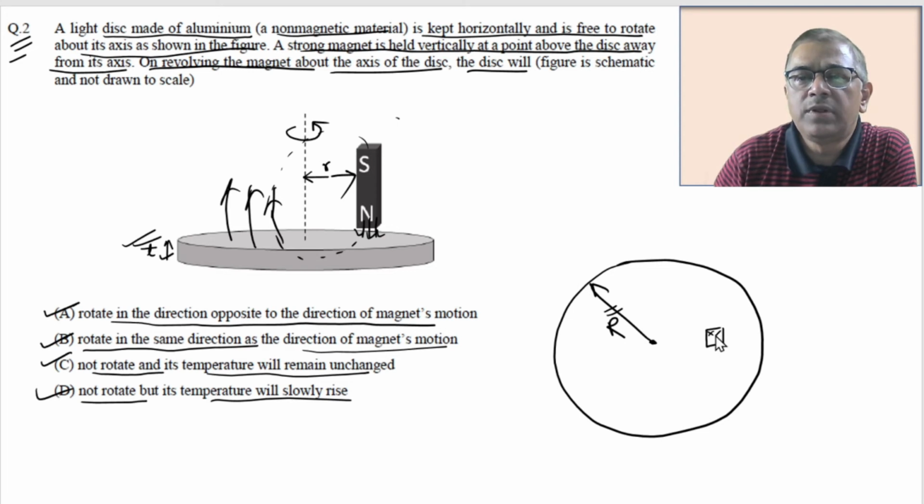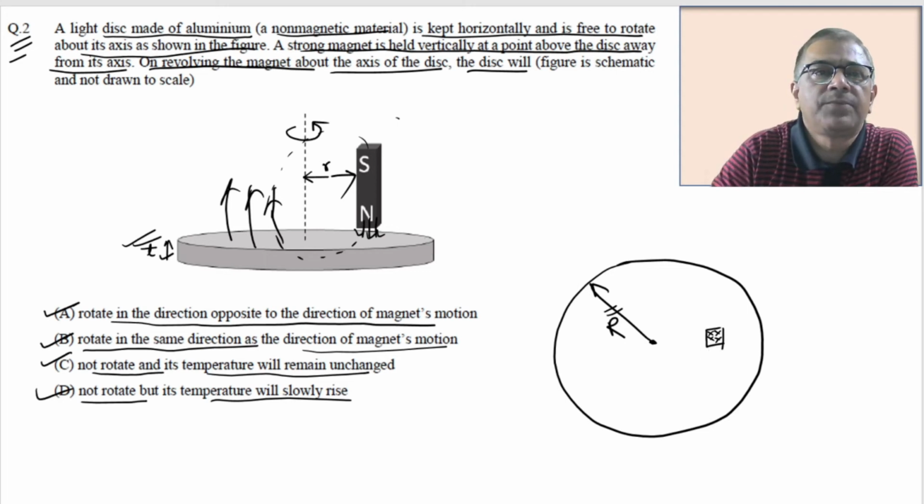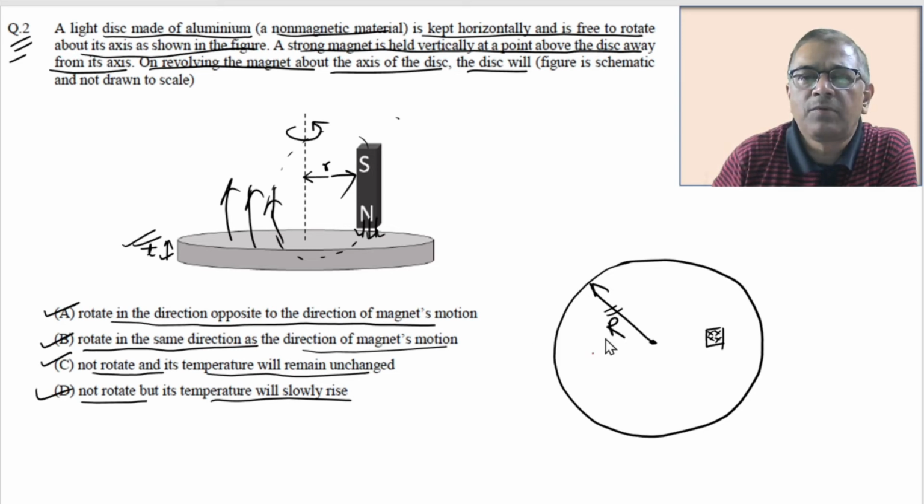I have shown these by crosses. But magnetic field lines come out from elsewhere. From all these points, magnetic fields are coming normally out of the page. Is it right? The strength of magnetic field at all these points will be different.